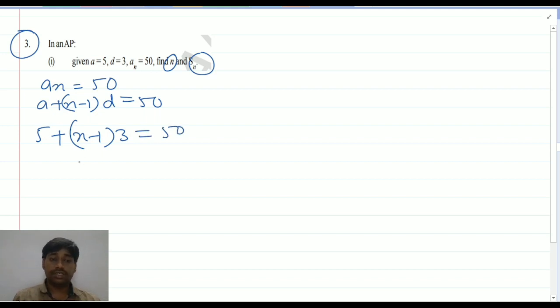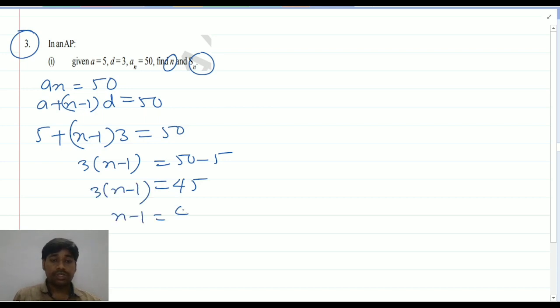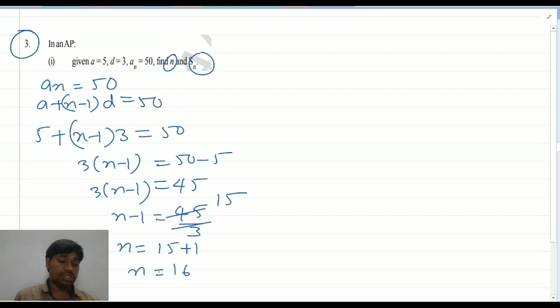Transfer this 5 to that side. 3 into (n minus 1) is equal to 50 minus 5, which is 45. So the n minus 1 value is 45 by 3, which is simply 15. So n is equal to 15 plus 1, n is equal to 16.